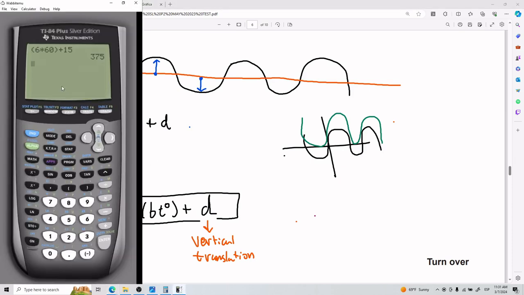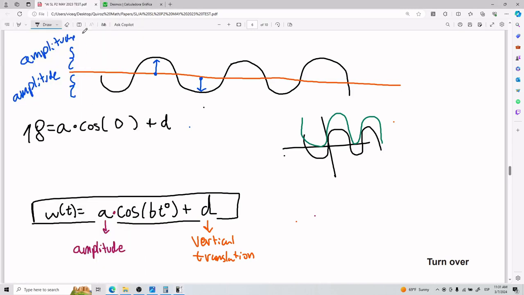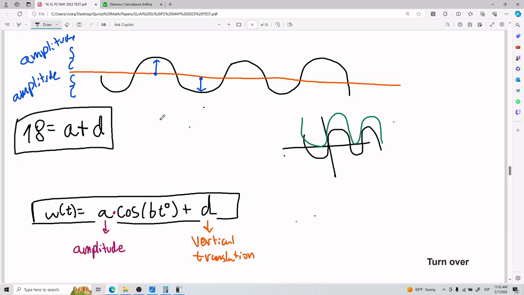Now, what is cosine 0? Cosine 0 is 1. So this whole thing turns into 1. So A times 1 plus D equals 18, which is the same as A plus D equals 18. See? So this is the first thing that we're going to obtain.